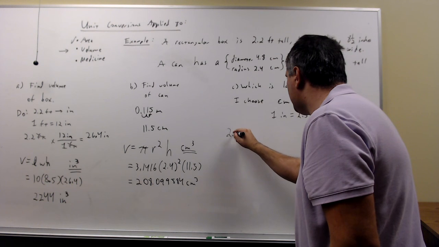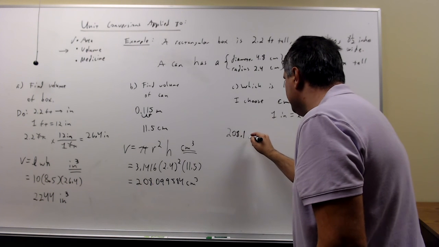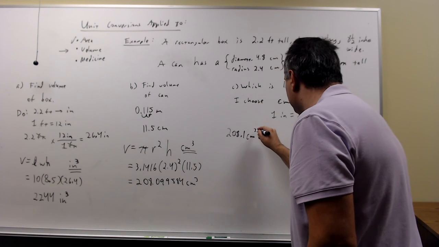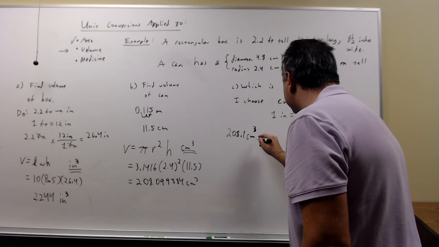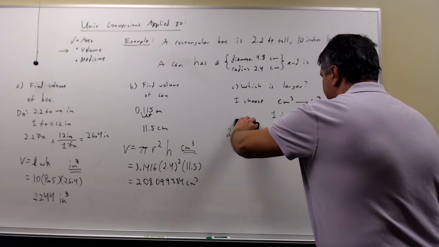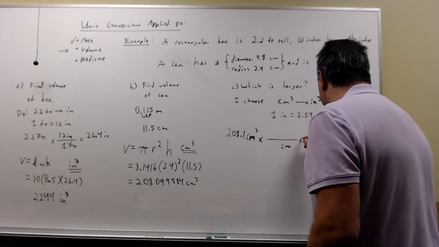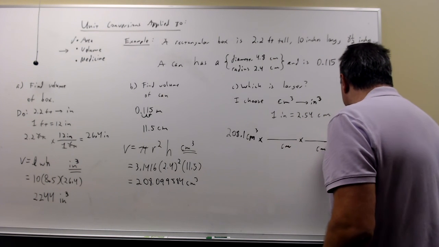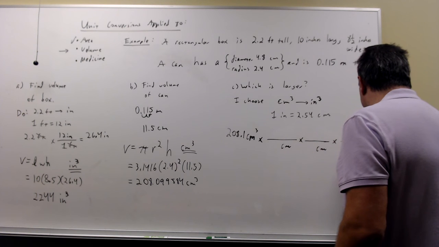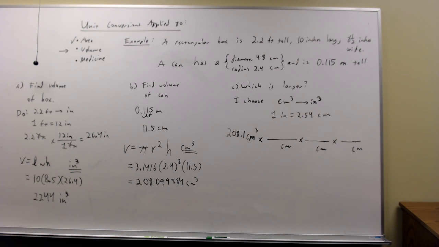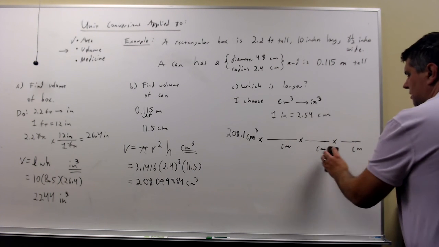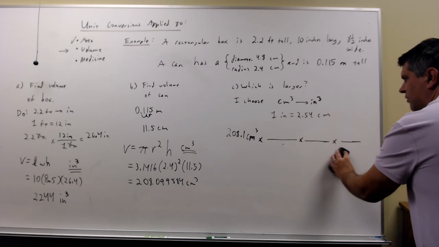So 208.1 centimeters cubed times blank centimeters times centimeters times centimeters. I still don't have enough space. Looks like I'm going to have to write smaller.